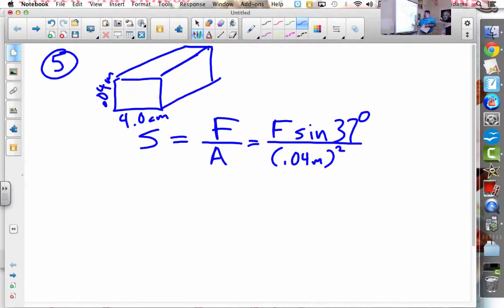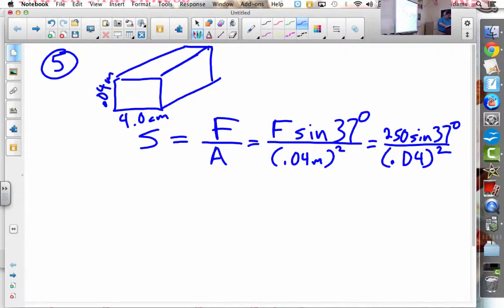And then we plug in the force, and it said you were applying a 250 Newton force. I'll do it all on the calculator in a second. Okay? So that's the compression stress.